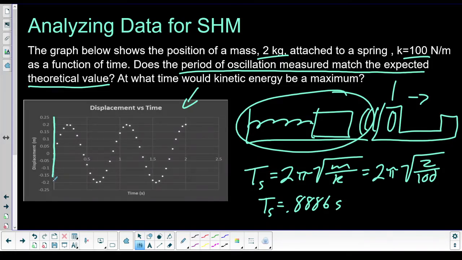Here's t equals 0. Here's the displacement axis. We want a full oscillation, which means it has to go all the way up, come back.